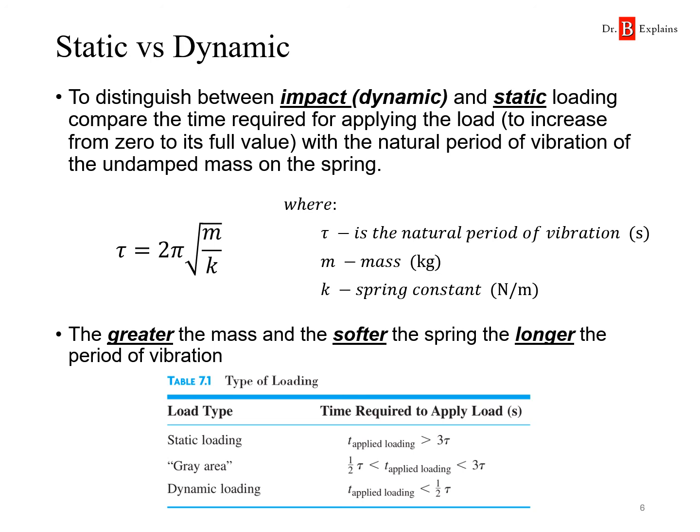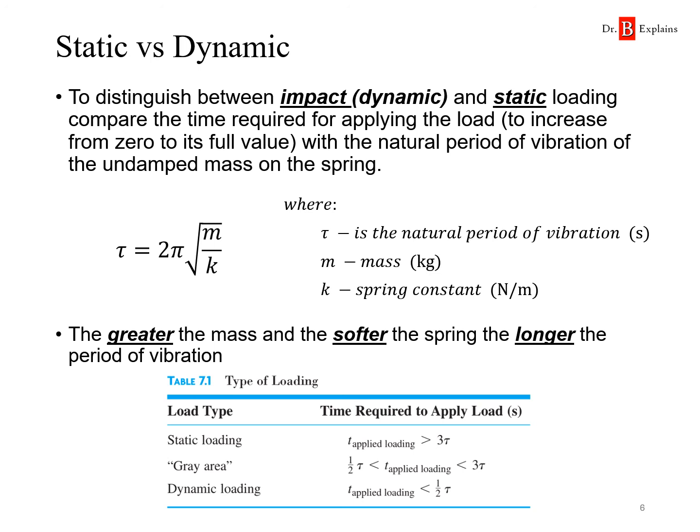Why do we care about the period of vibration? Because if the time to apply the full loading is greater than 3 times the natural period of vibration, then it's considered a static loading. Now, if the time to apply the load is less than half the natural period of vibration, then it's considered dynamic loading.